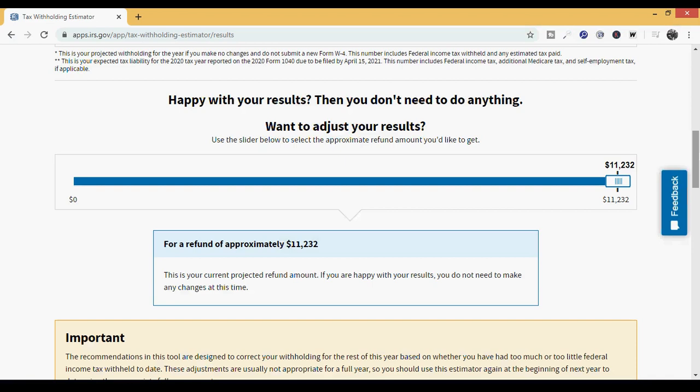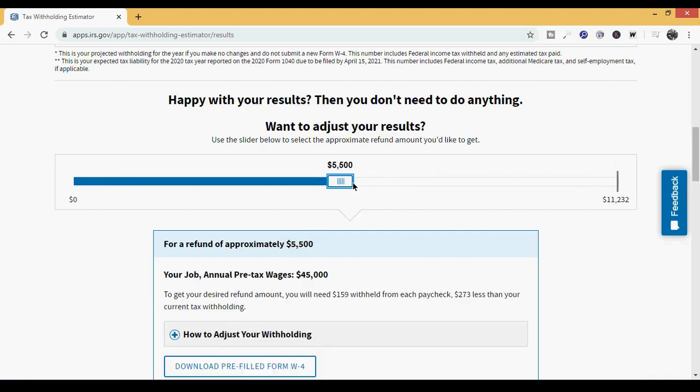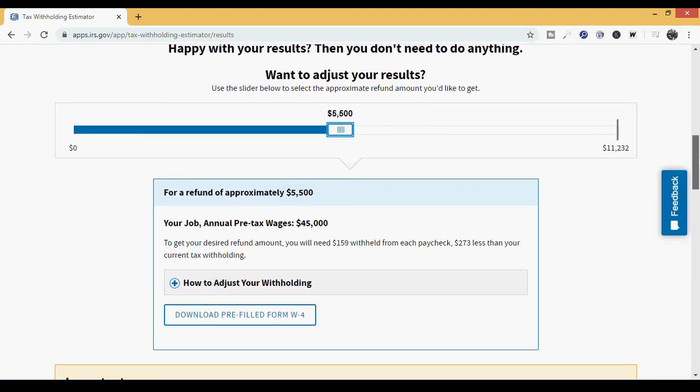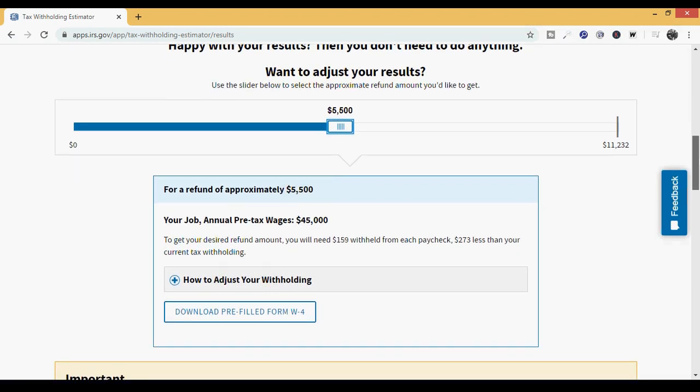Like, say we do half and half, so a little bit over $5,000 on each end. Well, all you have to do is slide that little adjuster tool to the middle, and then guess what? It's going to tell you exactly how to update your W-4 form and turn it in to your employer. It's letting you know the amount that you need withheld on every single paycheck.